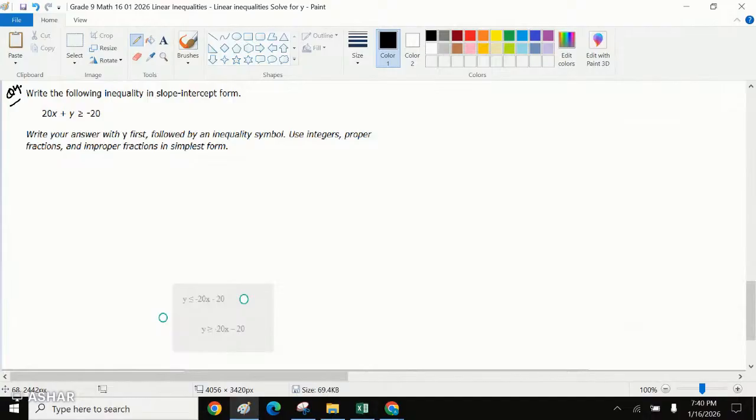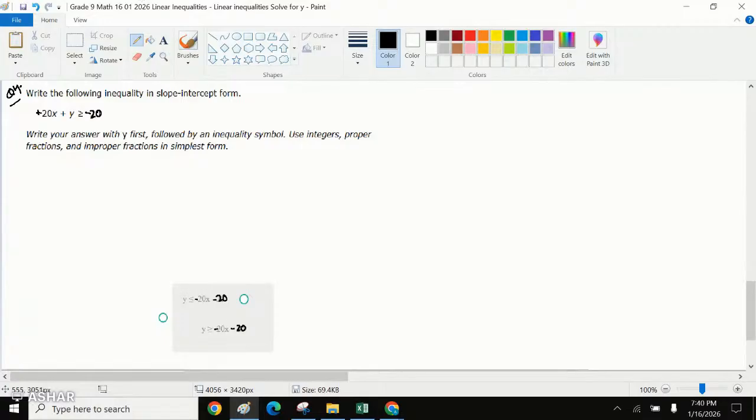See, what they have tricked us with is they have given both the options with a negative 20. If both the options have the same constant, we cannot change this. Now, either we look at the sign of this 20x. When 20x goes to the other side, it will become negative 20.